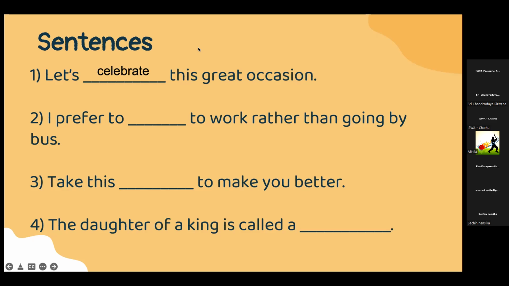Okay, the next word, the second sentence. What is the word? Cycle. Anyone else?